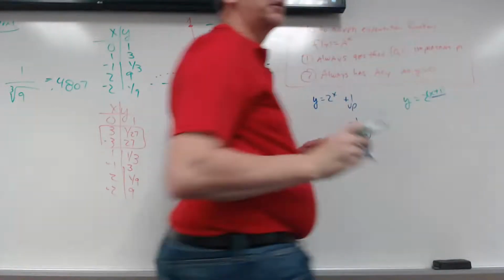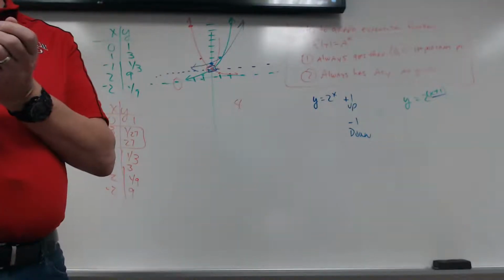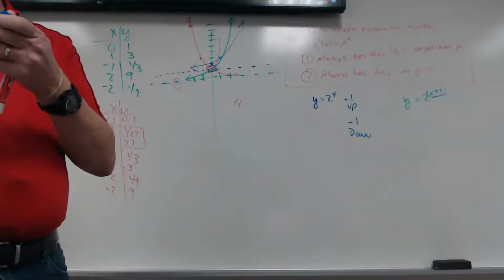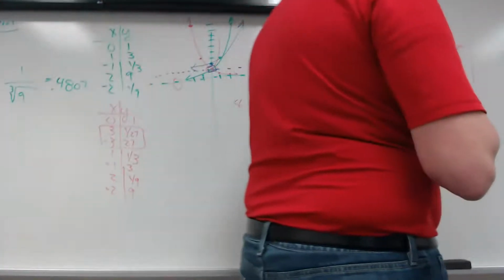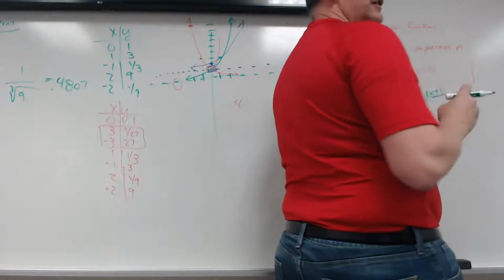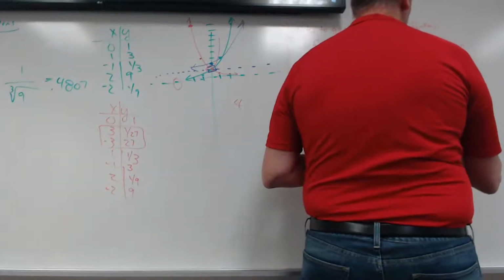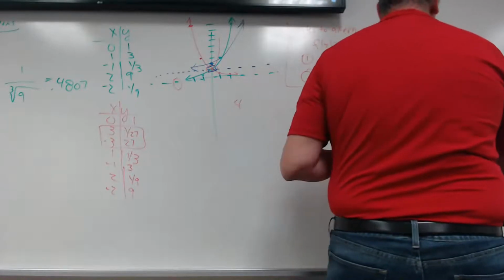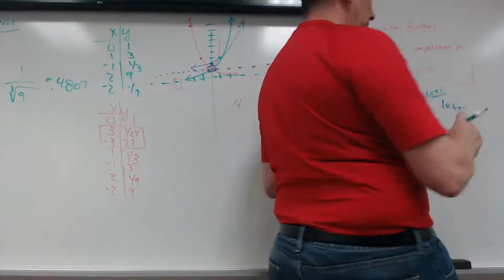Since it's in the exponent, what would it do? Think of it like the parentheses. What happens when it's in the parentheses? Oh, it would move it opposite, to the left. Left. And if I had y equals 2 to the x minus 1, it would move it right.